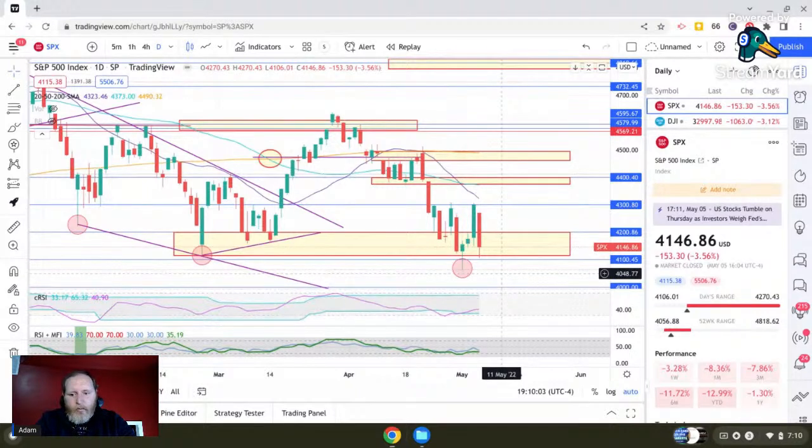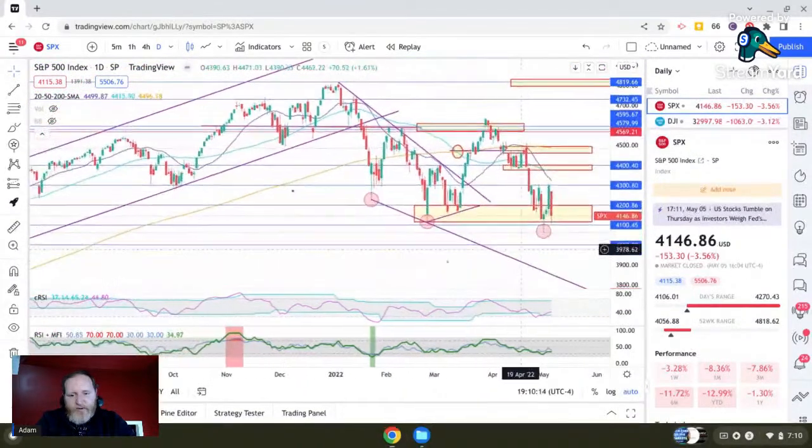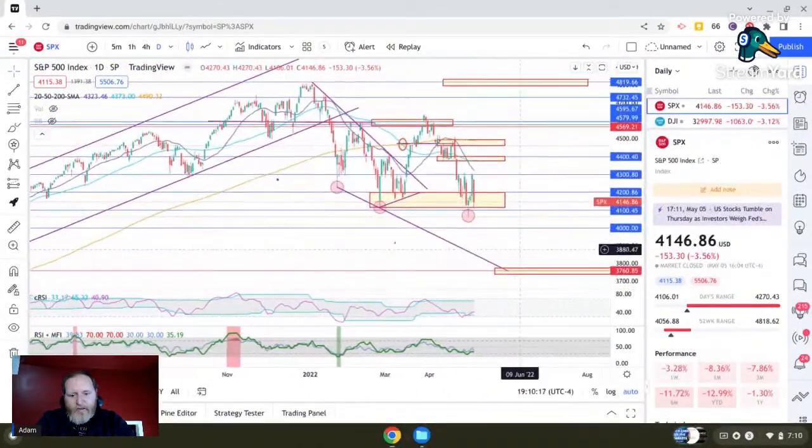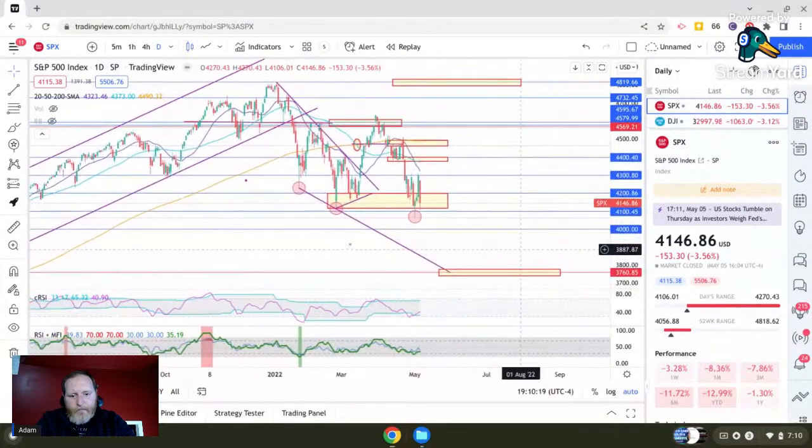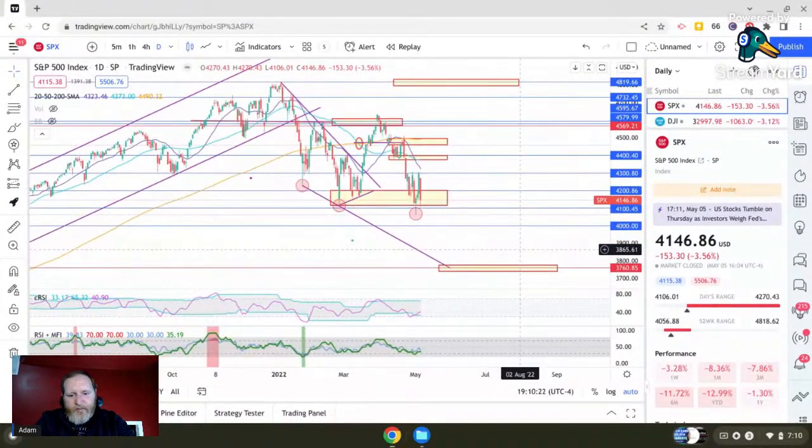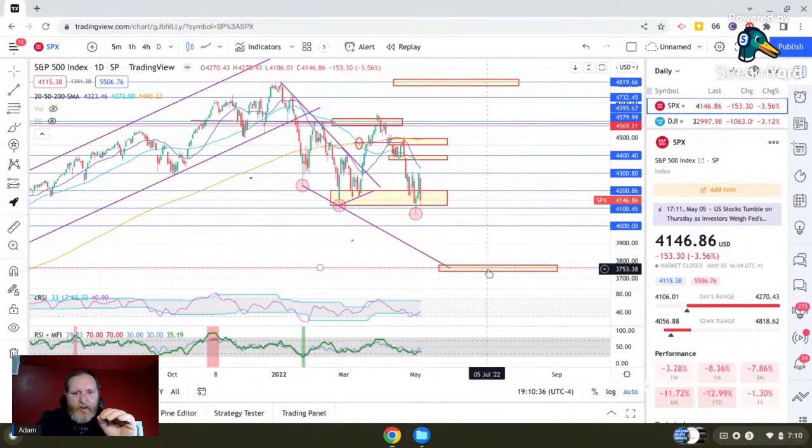Well, my thesis for the next 3 to 6 months is not looking good. As I tighten up this chart here, you're going to see a new yellow box I added today. Over the next 3 to 6 months, this is where I believe the S&P 500 is headed. This is very easy to calculate.